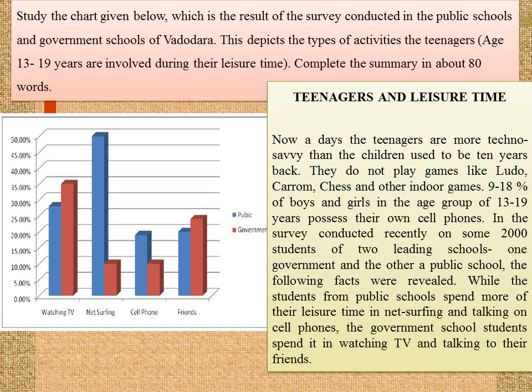Now, cell phone addiction, or cell phone take-up, is more with the public school children, while cell phone use by government school children is less. While public school students are not that keen on talking with their friends, the government school students are more apt for talking with their friends. So is it just a representation, or can you change the whole thing in your own words also?